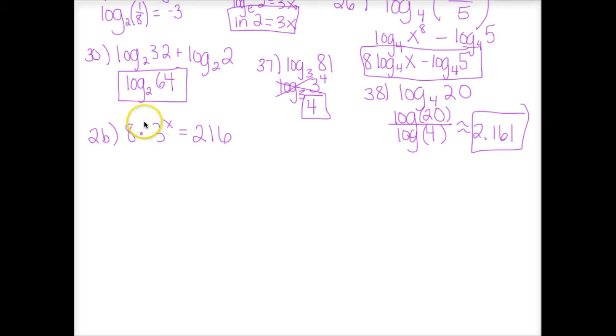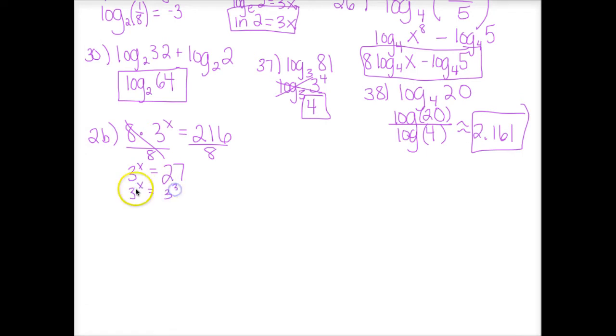You have to get the exponential by itself first by dividing both sides by 8. So 3 to the x equals 27, because that's what you get when you take 216 divided by 8. Then you just have to rewrite 27 to match base 3.